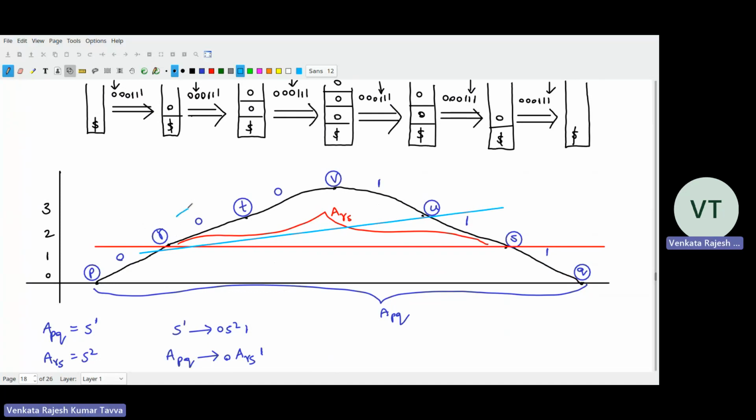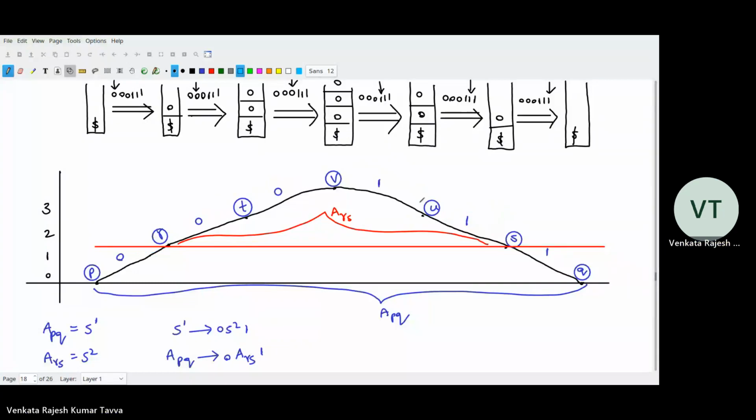So this string 001 will not be accepted by any portion of the PDA. It is not taking you back to the same height. It is taking you to a different height. So that will not be accepted. Some portion of the string on reading which the stack increases, decreases, and goes back to the same position. Only that portion of the string can be captured in one variable. Okay, so that is the crux.